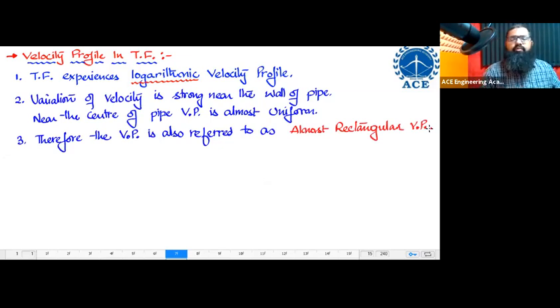Therefore, the velocity profile is referred to as almost rectangular velocity profile. So these are some points you are supposed to remember regarding the velocity profile in turbulent flow, and that I am going to show in a particular diagram.